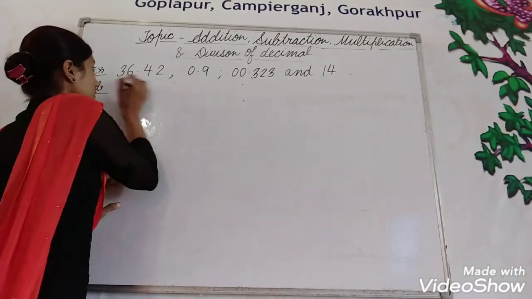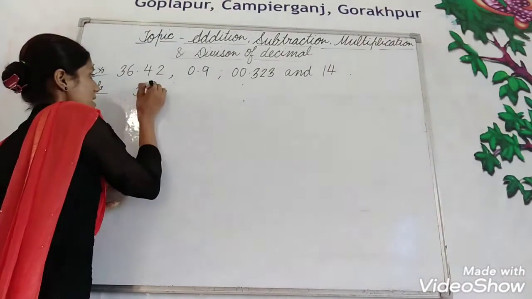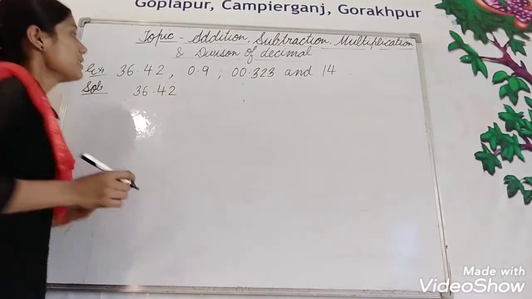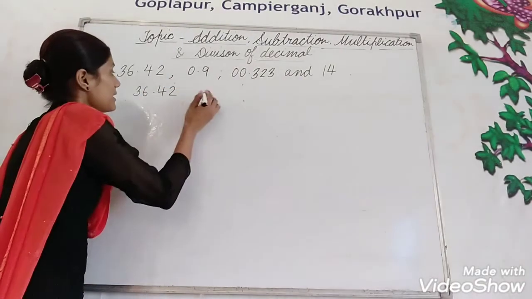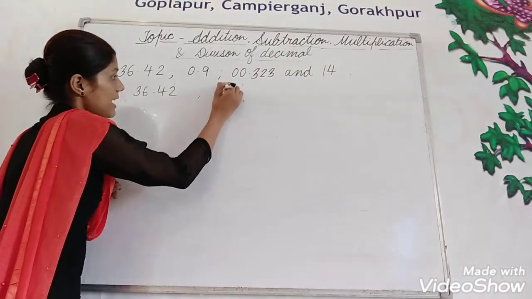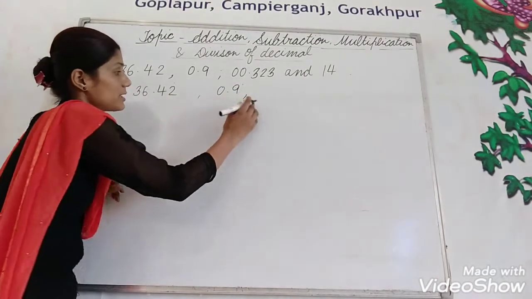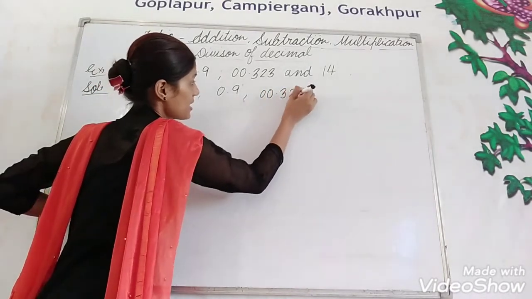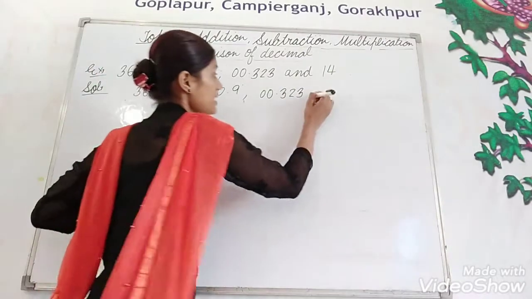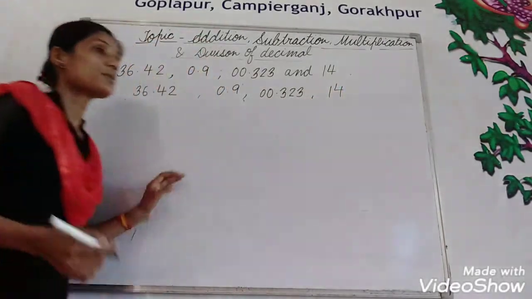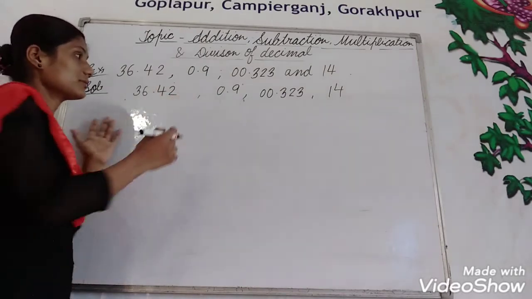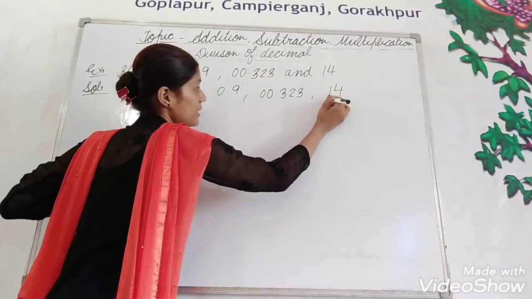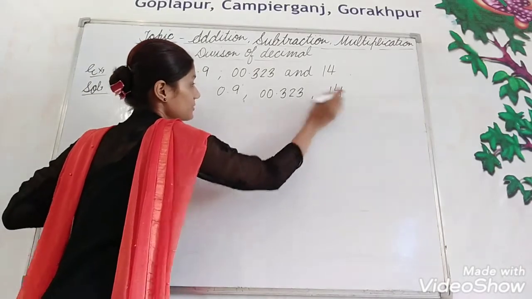Here, your first number is 36.42, the second number is 9.2, the third is 0.323, and the last number is 14. First we check the place values.